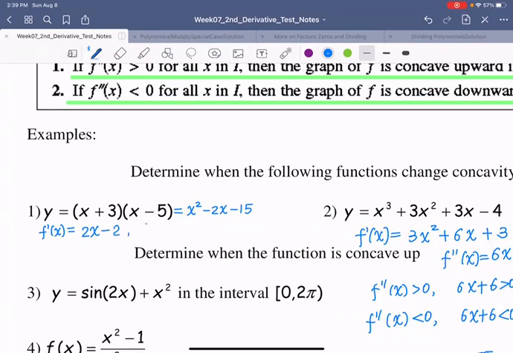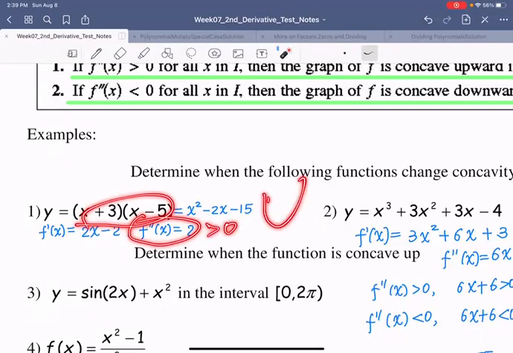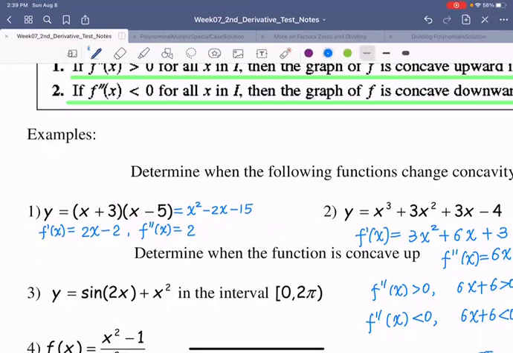Your second derivative, this guy is 2. You don't have any variable anymore. So this function is concaving up on all the intervals, from negative infinity to positive infinity. So this guy is always concave up. And as a matter of fact, you know this guy is a parabola opening up, okay? So of course this guy is concaving up.